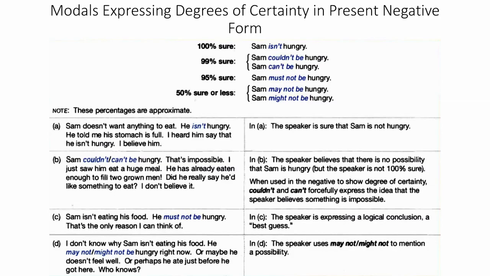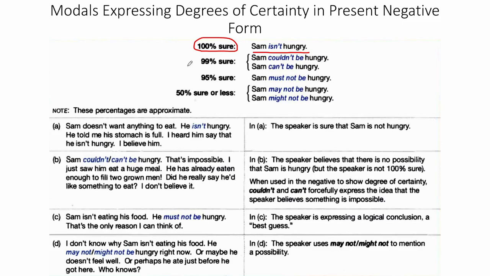Regarding the level when we are 100% sure, like in this example, Sam isn't hungry, we do the same as we said for the previous chart in the affirmative form. We simply take the verb and put the negation next to it when we are 100% sure.